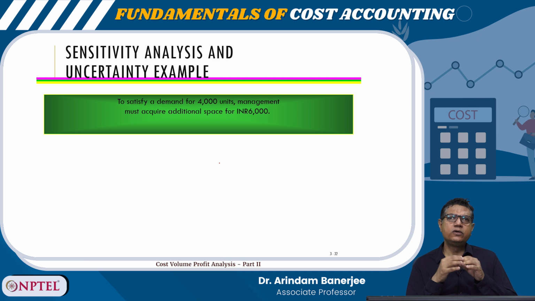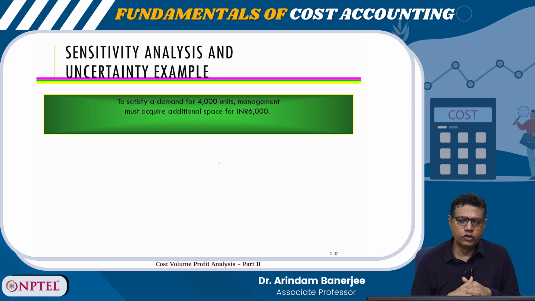So, when the management decides the target level of sales, it considers all these factors, both quantitative as well as qualitative. So, to satisfy a demand for 4,000 units, this is another factor. If it increases to 4,000 units, additional space for INR 6,000.